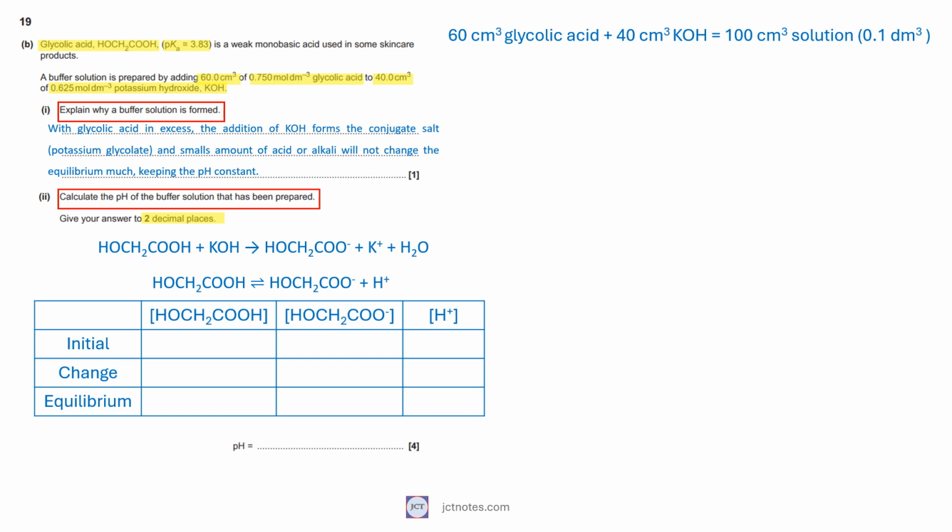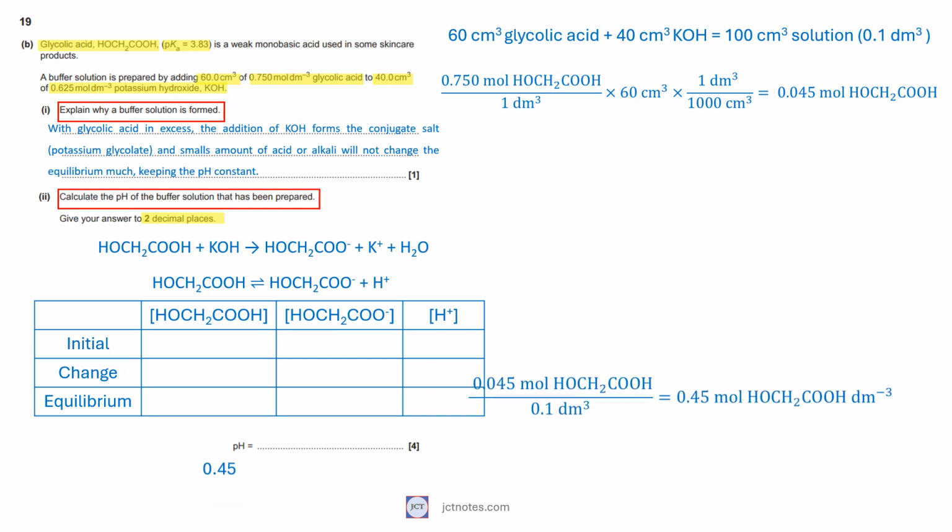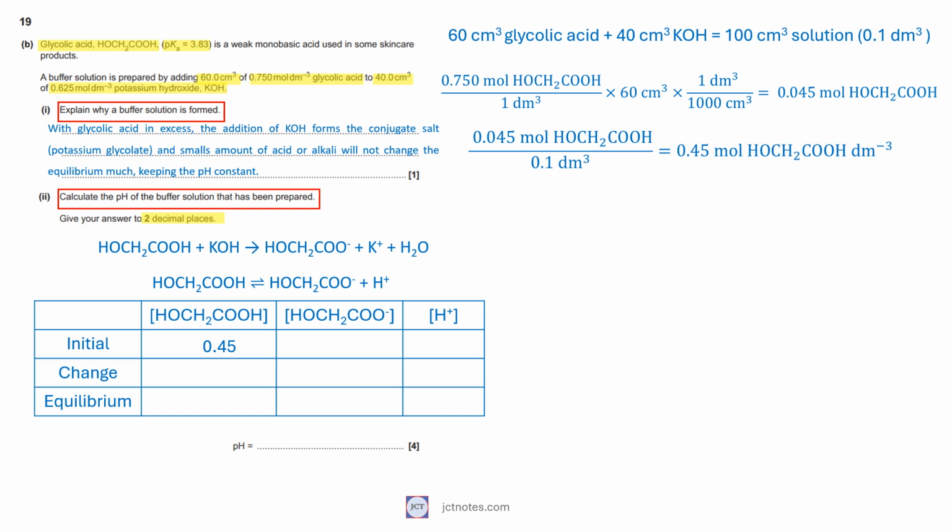As we start with 60 cubic centimeters of 0.75 molar glycolic acid, we start with 0.045 mole glycolic acid. These have been diluted to 0.1 cubic decimeters, therefore its initial concentration is 0.45 molar.